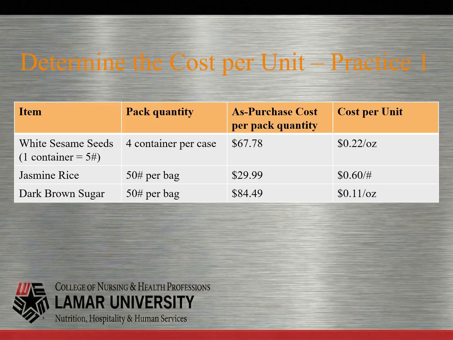Now look at the brown sugar. It's a 50-pound bag, and it costs $84.49. We want to know the cost per ounce. So how many ounces are in 50 pounds? It's 50 times 16, and that equals 800.